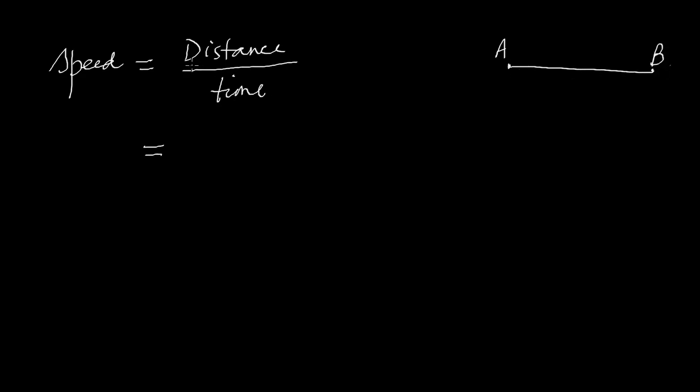So instead of just distance, dimensionally I denote it with capital L, and time I denote with capital T. So here, if I take this, you get LT to the power minus 1. What is the power of length here? It is 1. So these powers, 1 and minus 1, are called the dimensions of speed.